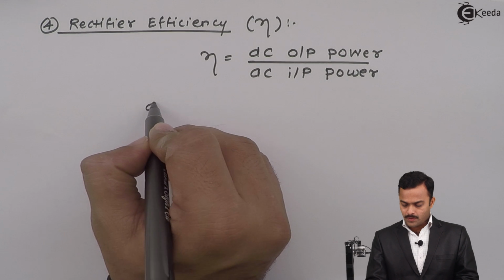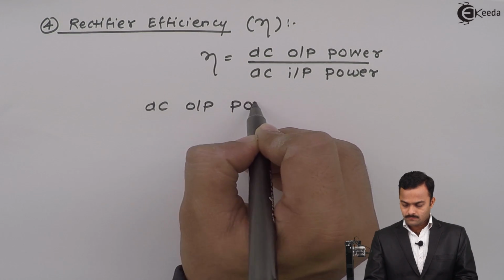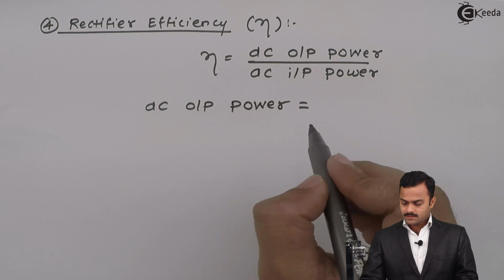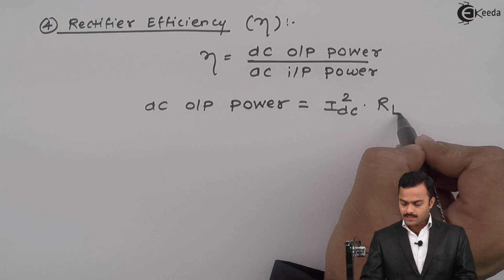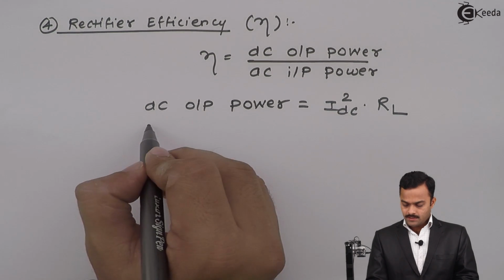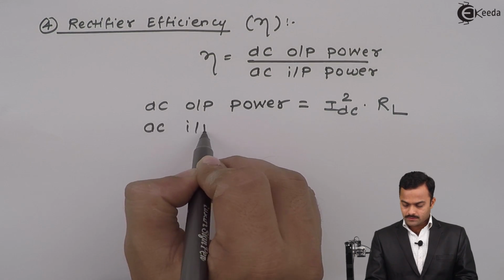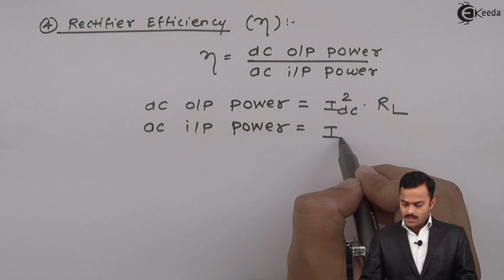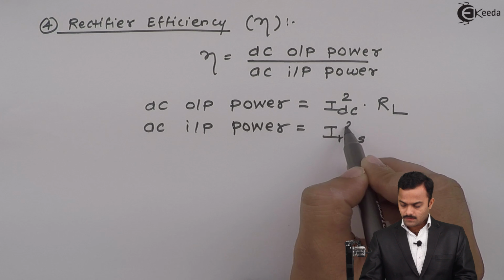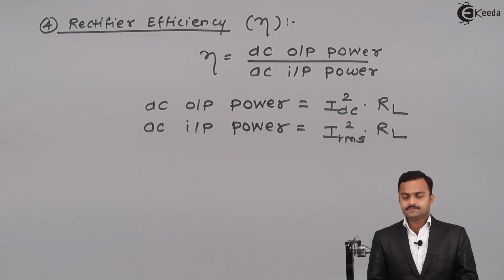So DC output power will be nothing but IDC square multiplied by RL, and AC input power will be nothing but IRMS square into RL.